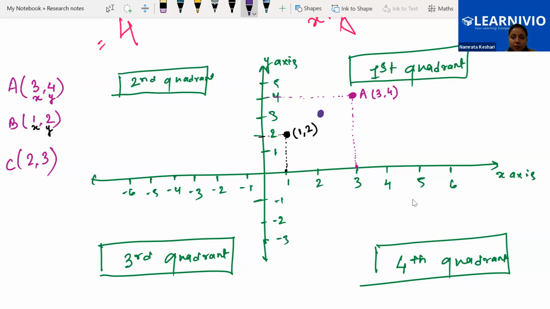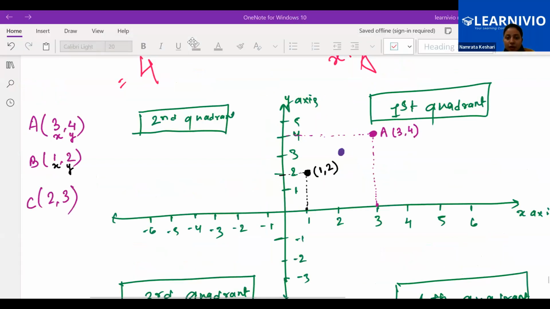Can you see this purple point? Yes, ma'am. Please tell me the coordinate of this point. 2,3. Arhan, you said 2,3.